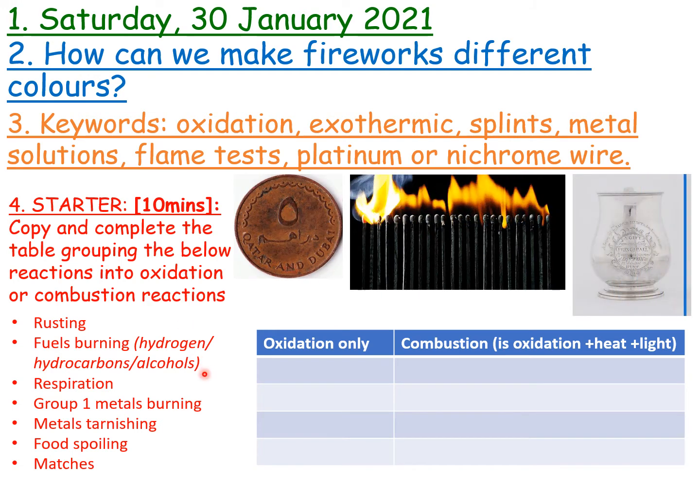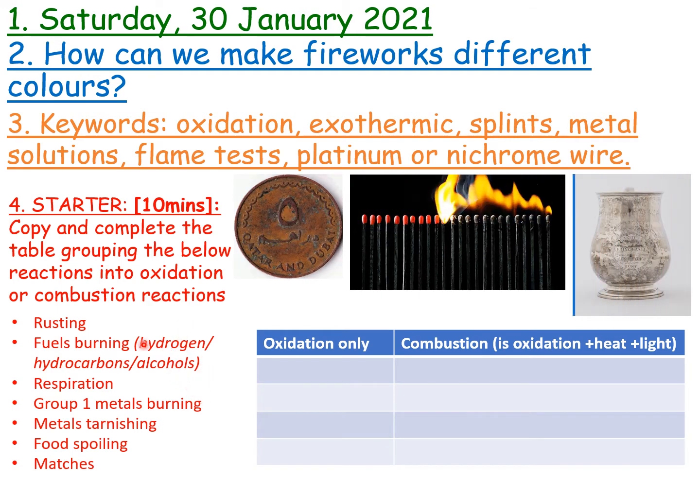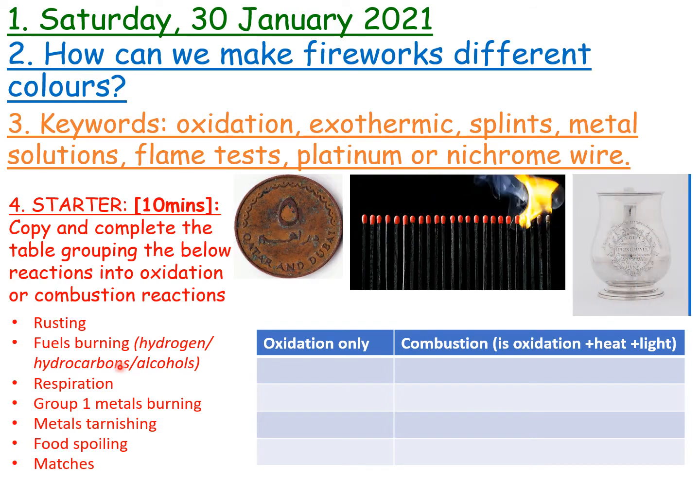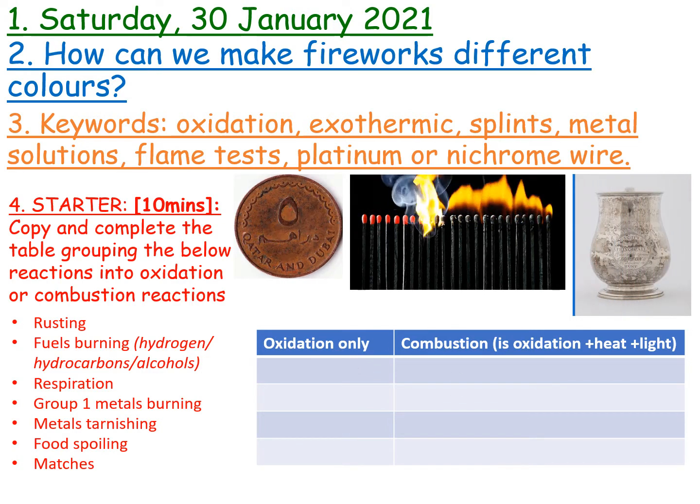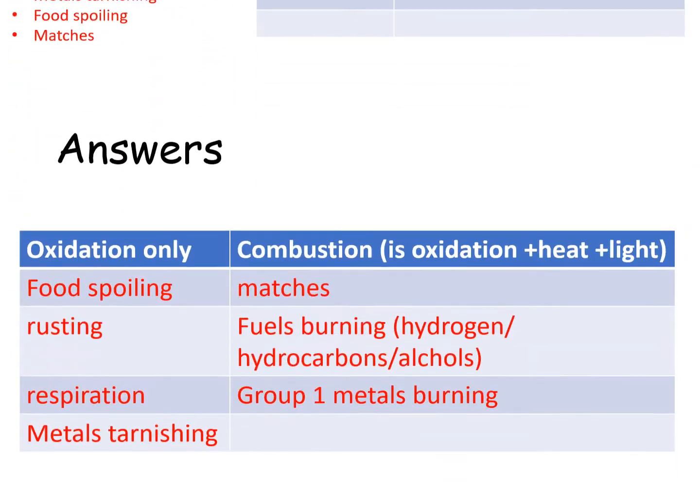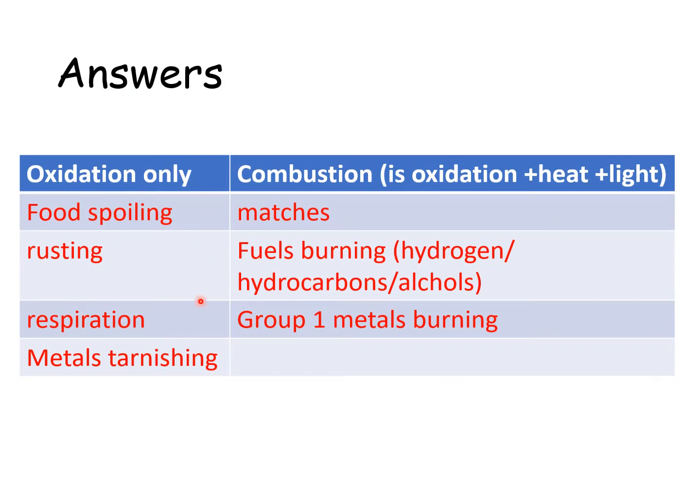So your starter here would have been to sort all of these labels out into this table, whether they're oxidation or combustion only. Now these are your answers: your food spoiling, rusting, respiration, metals tarnishing. They're oxidation only.